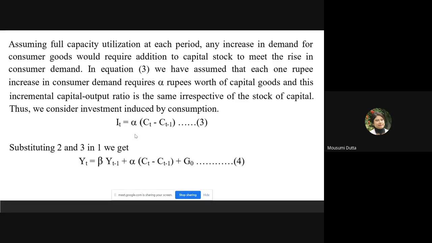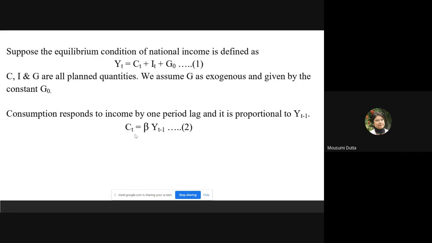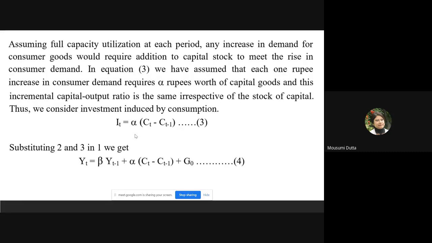Now to begin with, just check whether you are getting the equations like this. Just a moment. Since the question is coming, at this time point, I'll tell you both beta and alpha are positive. Okay, both alpha and beta are positive.